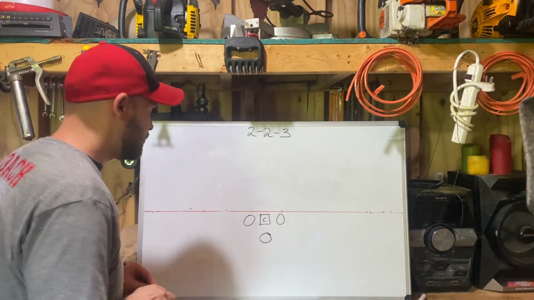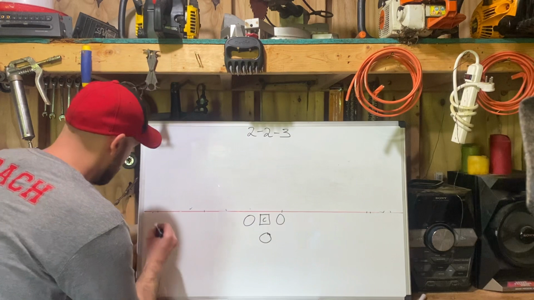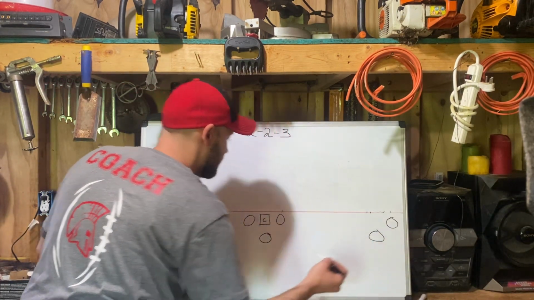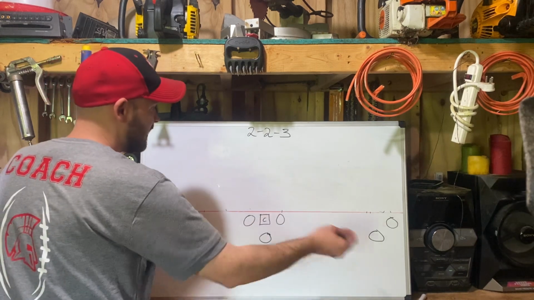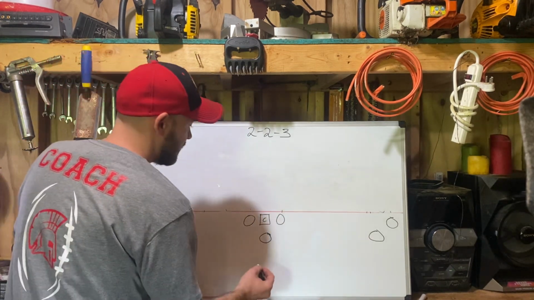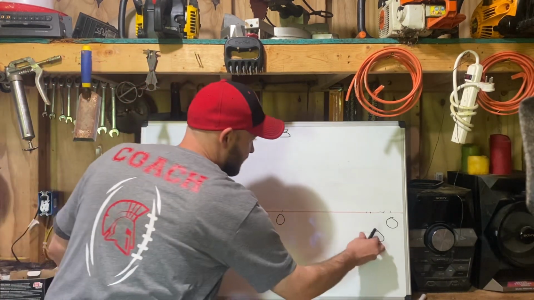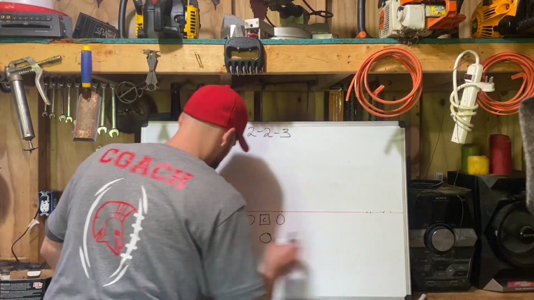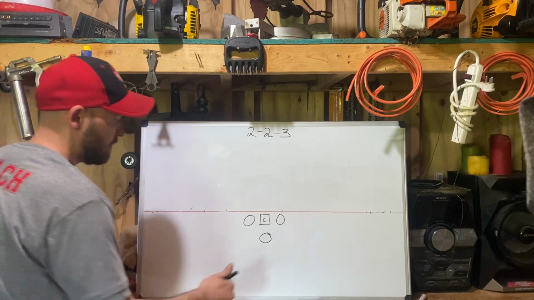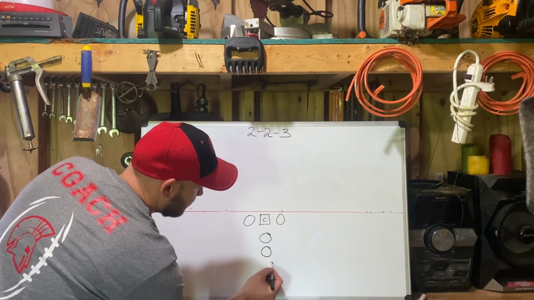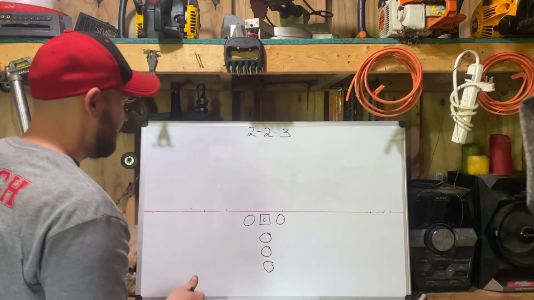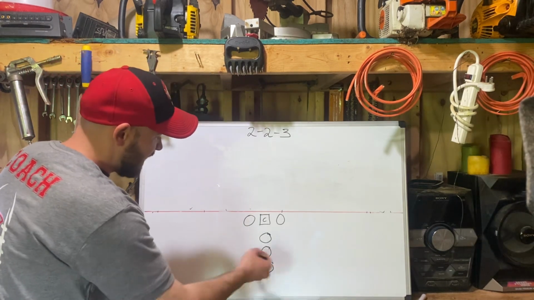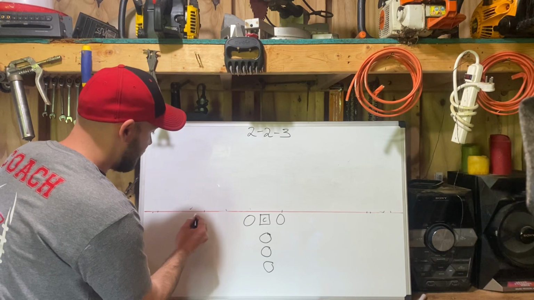Now, our standard 2-2-3 that we did yesterday with our slot back, we're going to see a lot of this type of formation. We might see even a stacked I, and then we might have a wide receiver playing close.